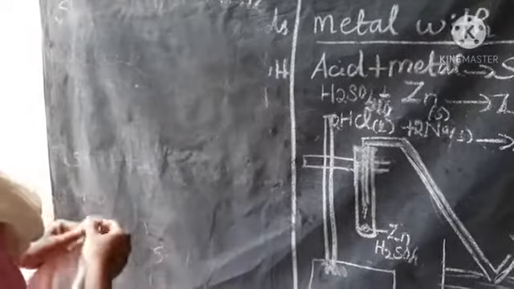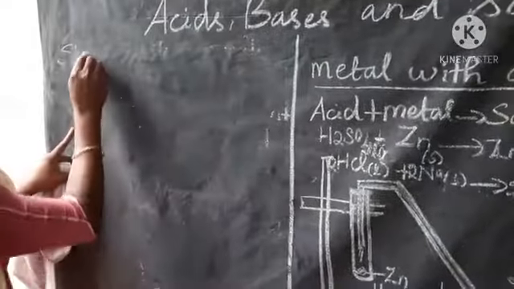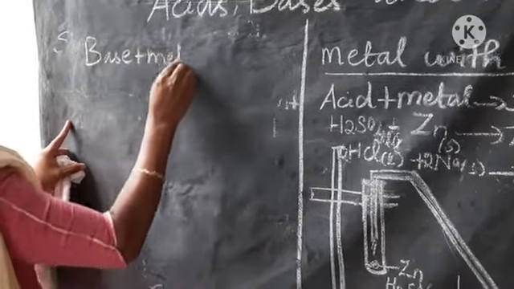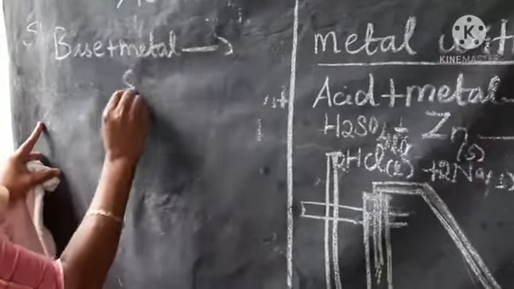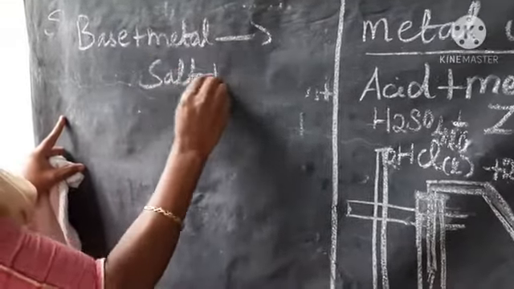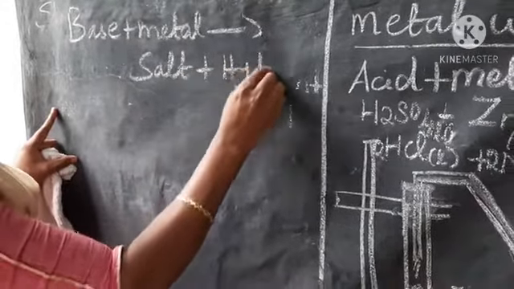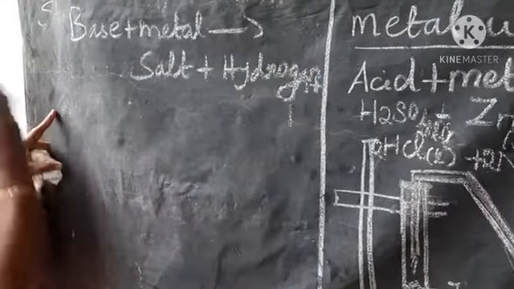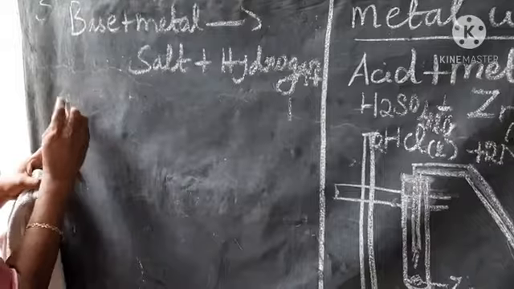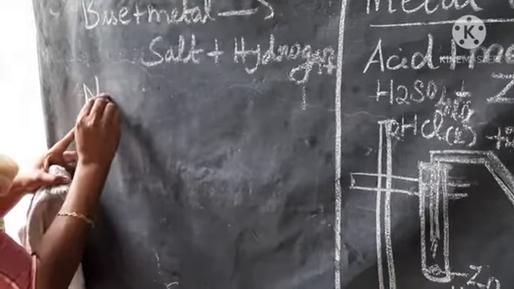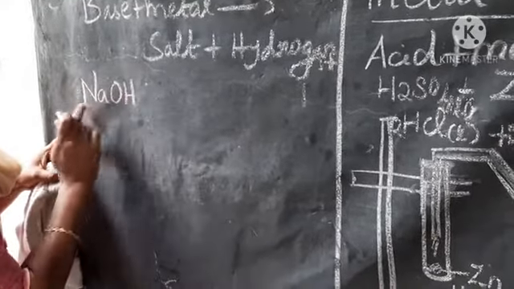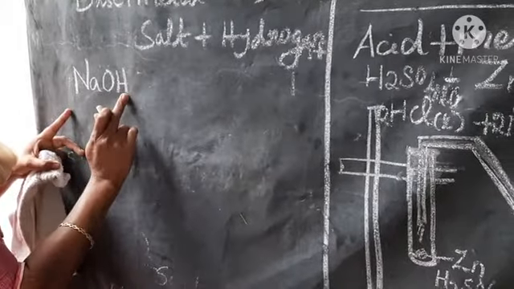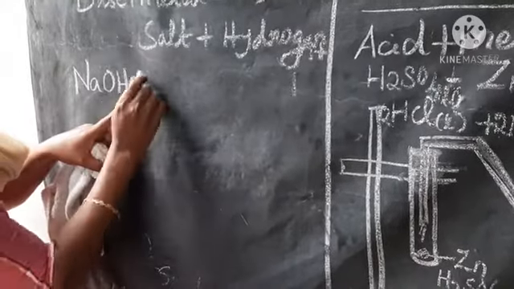Okay. So now, how does a base react with metal? Let us see. A base reacts with metal. Here also salt plus hydrogen gas is evolved, but the amount of hydrogen gas evolved is less. For example, sodium hydroxide is a base.